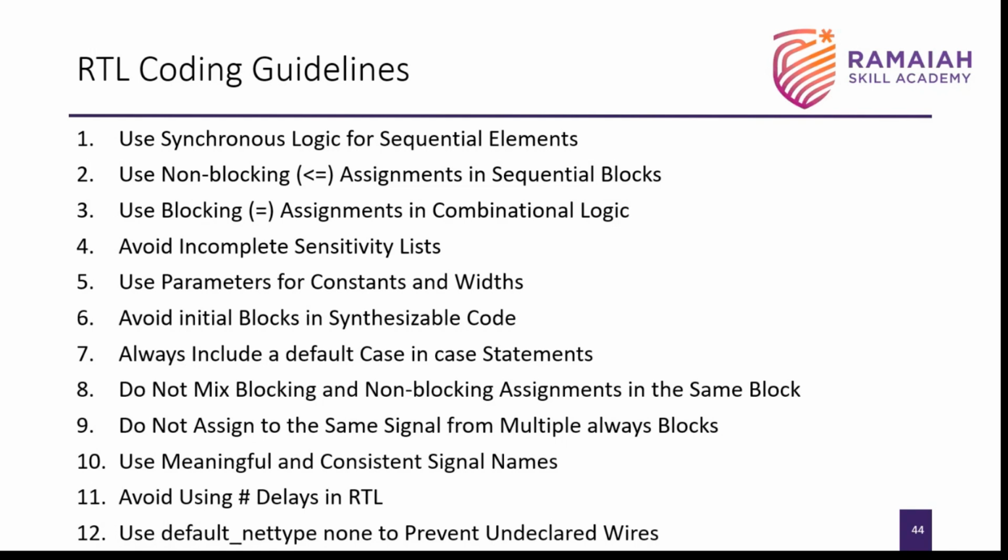Suppose you miss B in the sensitivity list, and your output is Y equals A plus B. Your Y should change whenever A or B changes, but you have not included B in the sensitivity list. So even if B changes, your output will not change, and that will give you an error. So we should avoid an incomplete sensitivity list and include all the input variables within the sensitivity list.